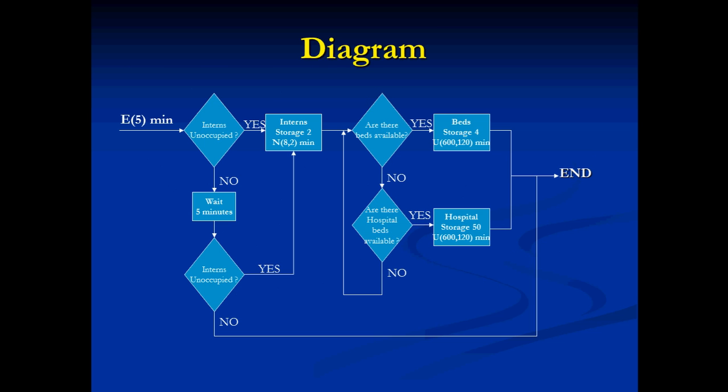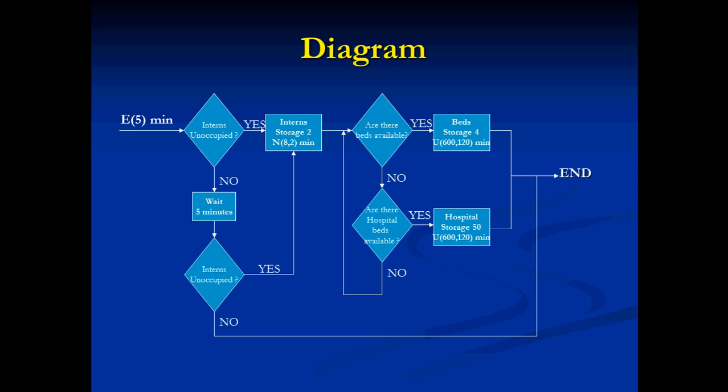Now we're going to see this diagram that represents the problem. The patients arrive with an exponential time of 5 minutes. They see if the interns are unoccupied. If they are occupied, they wait 5 minutes. Then they pretend to seize them.